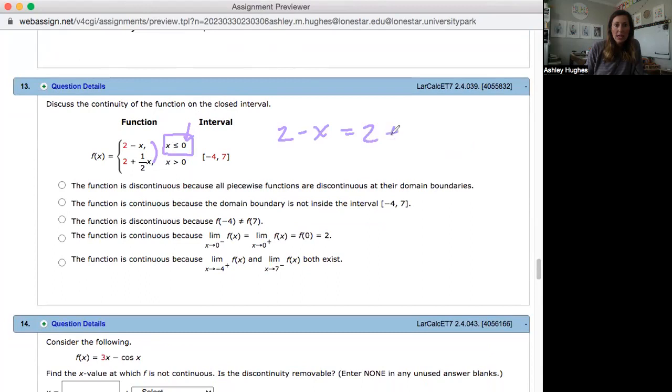So do these guys equal each other when I plug in the place where they change, which in this case is 0 because that's the handoff point? If I plug in 0, hopefully you see that it's going to get 2 equals 2. So it's continuous because the limit from the left equals the limit from the right. So that's that.